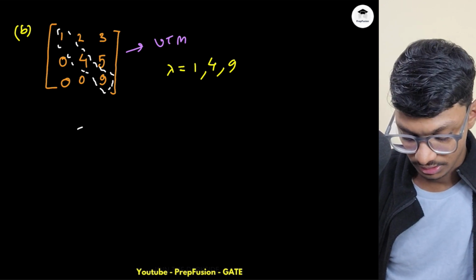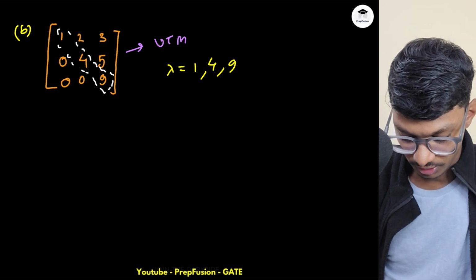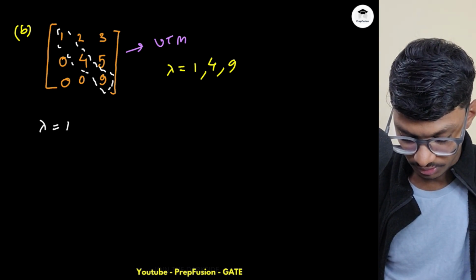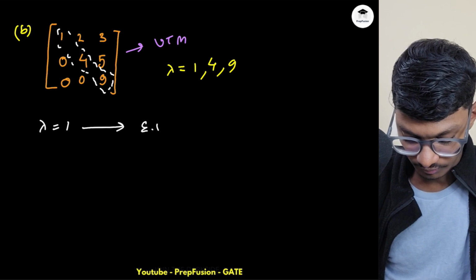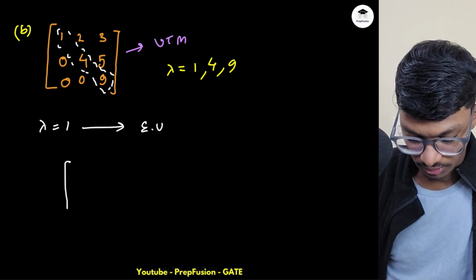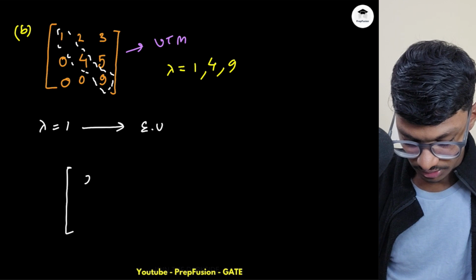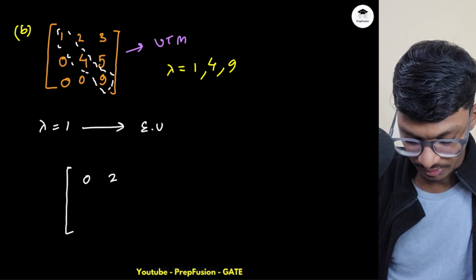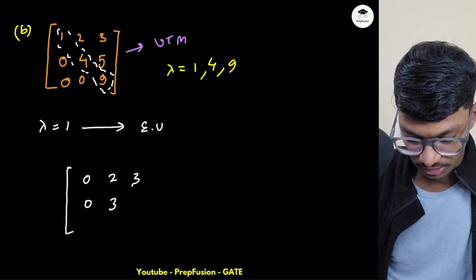Again, you can use that method. Now corresponding to lambda equals 1, what will be my eigenvector? Simply, you first write the matrix. The first element will be 0, this will be 3, 5.